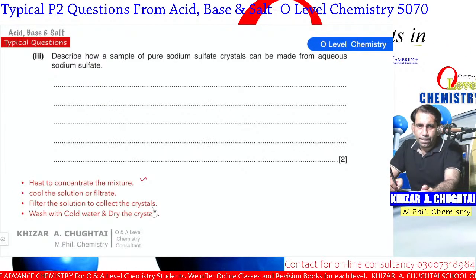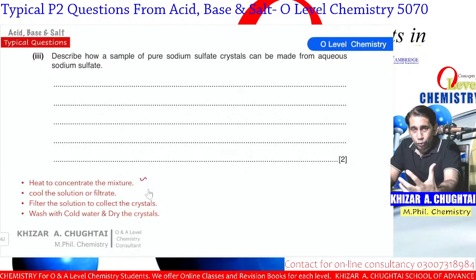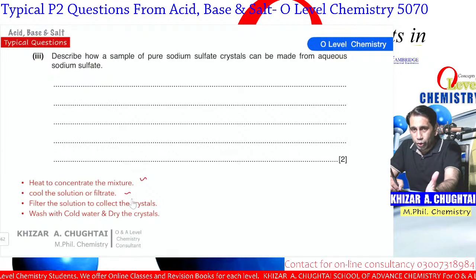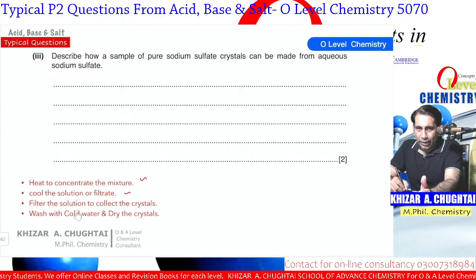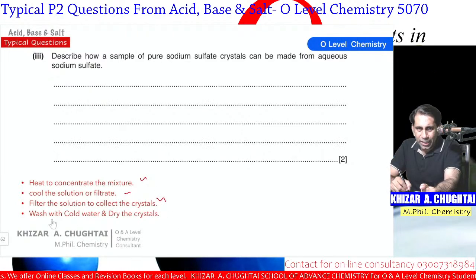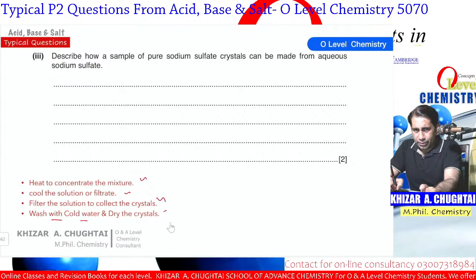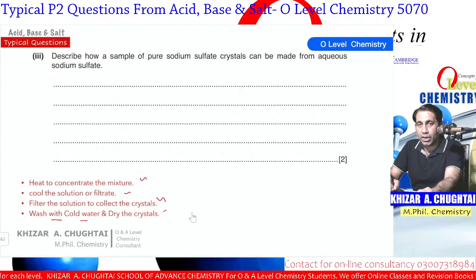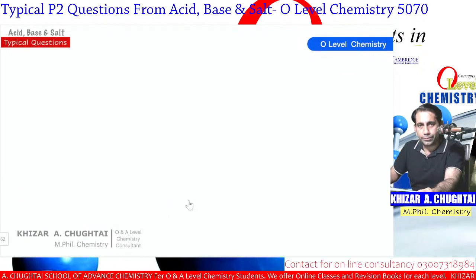First of all, heat the mixture to concentrate it. Then cool that solution to form the crystals. Filter the solution and collect the crystals. Wash with cold water and dry the crystals. These are enough points. This is the complete procedure, even if the question is of 4 marks, and so on.